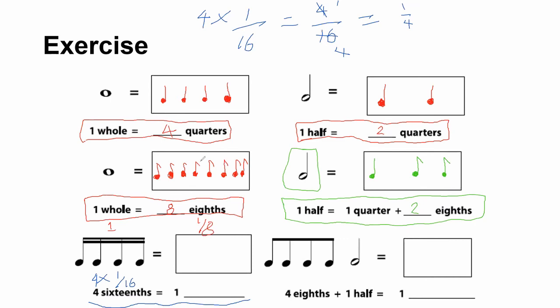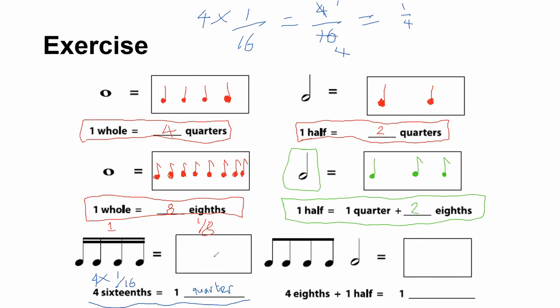So here we can say it's 1 quarter. And yes, you are right, the quarter is also called the crotchet. I was just making sure you're confident. So 4 sixteenth notes is equal to 1 quarter.